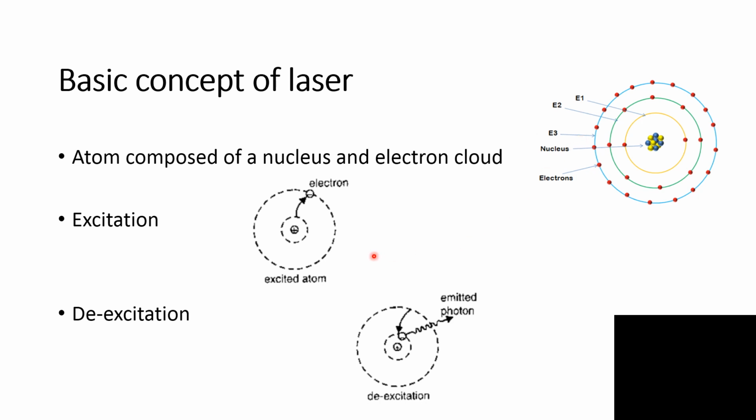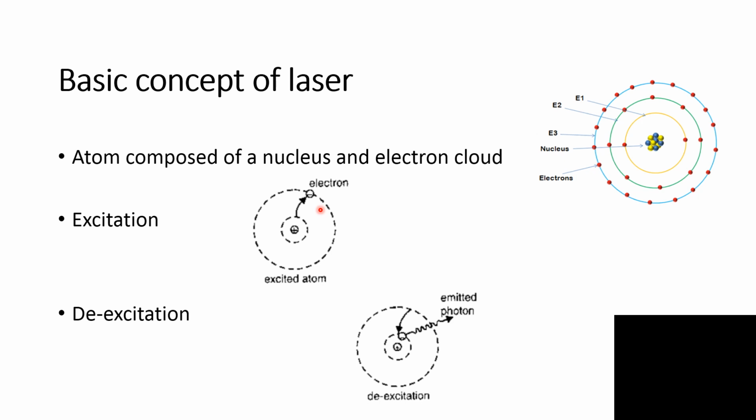Basically, in atom, we observe two types of phenomena. One is excitation and the other is de-excitation. In excitation, the electrons from lower energy level jump up to upper energy level. It is shown over here by this arrow. And when the electrons come up to the upper energy level, they stay there for a very short time.